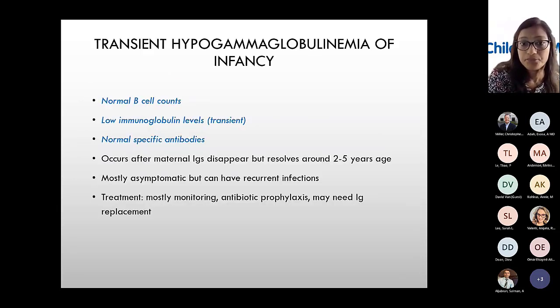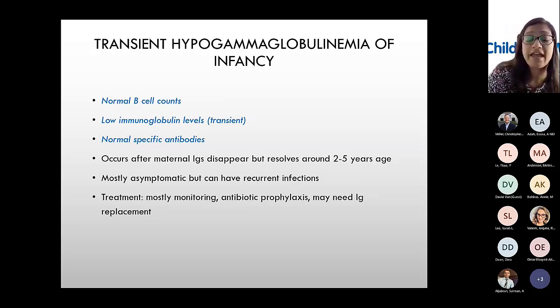Another condition is transient hypogammaglobulinemia of infancy. Here, the B cells are normal and they have good response to vaccines, but for some time in their infancy or a little later, their immunoglobulin levels can run low. So their maternal immunoglobulin from the circulation disappears around 6 to 9 months of age, and the baby's immune system should take up the job of making antibodies.